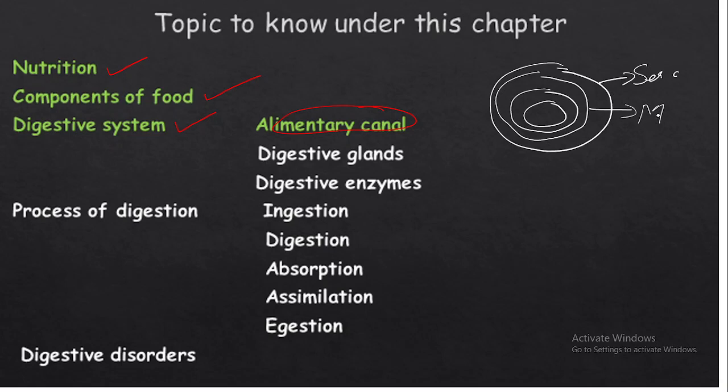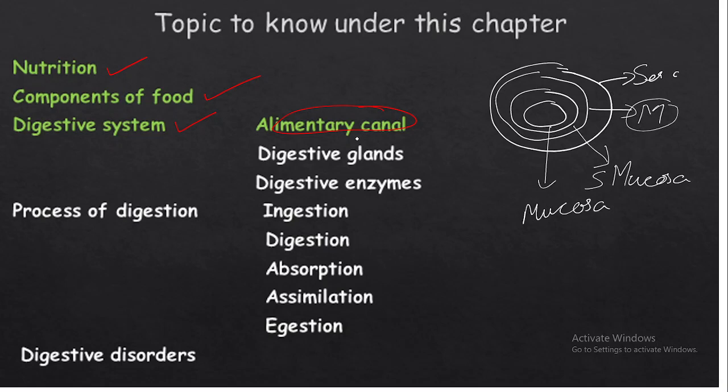So this arrangement of muscles makes up the muscularis layer. Inner to that is the submucosa layer, inside which different glands at different parts of the alimentary canal are seen, and the innermost is the mucosa, where mostly the glands that produce mucus, which in turn helps in maintaining the lubrication of the alimentary canal, are seen.